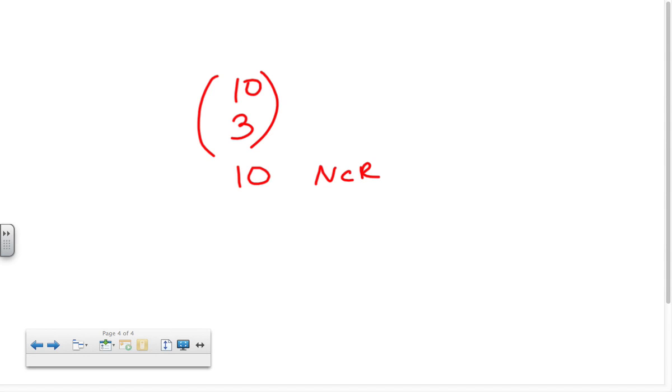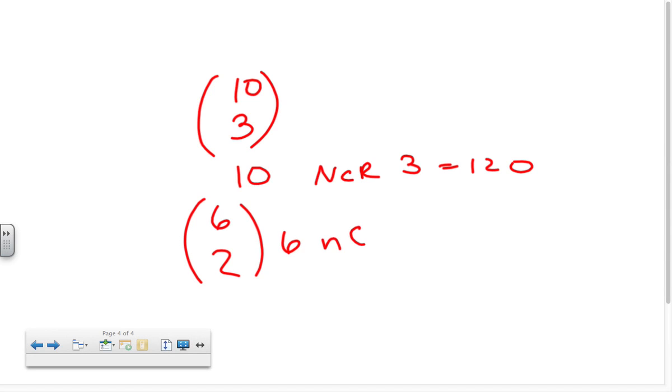And I'm going to choose 3. So if I had 10 people and I was trying to choose groups of 3, I would have 120 possibilities. We're going to do one more. 6 choose 2. I would have 6 NCR 2. 6, math, probability, 3, 2 is 15.